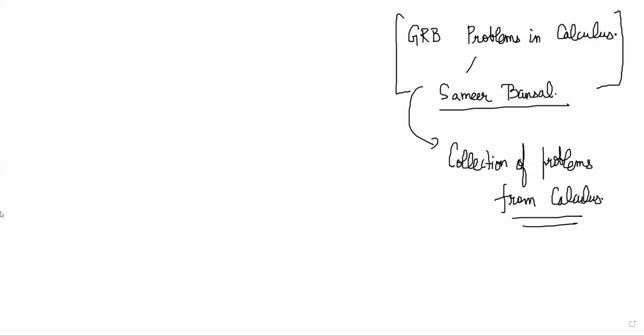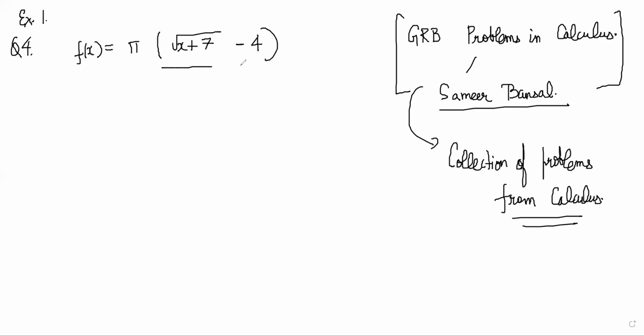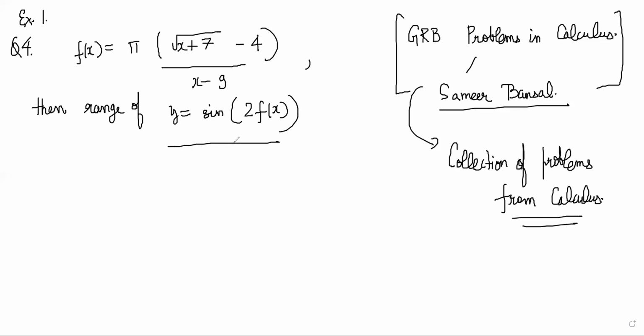For example, one question in the functions chapter, exercise 1, question number 4, is: if f(x) is equal to pi times root of x plus 7 minus 4 by x minus 9, then the range of y is equal to sine of 2 f(x). The range of this function is being asked.